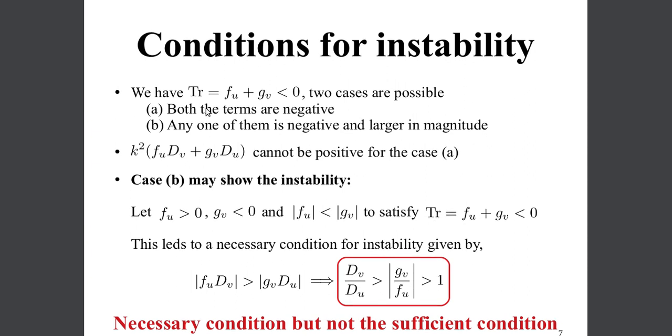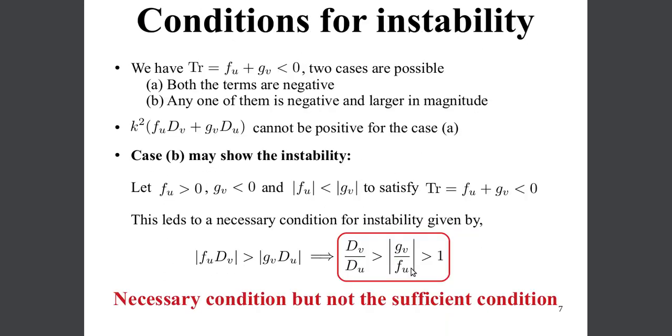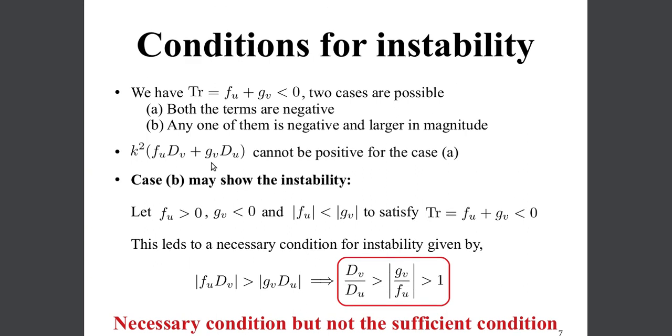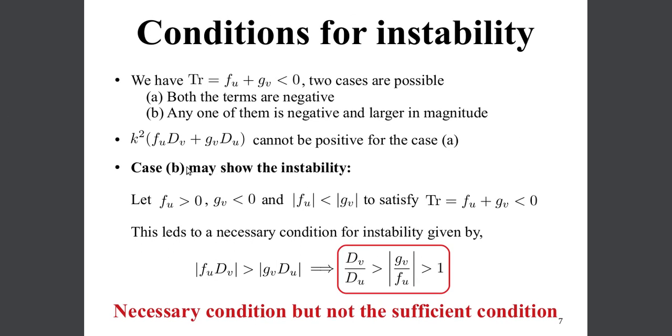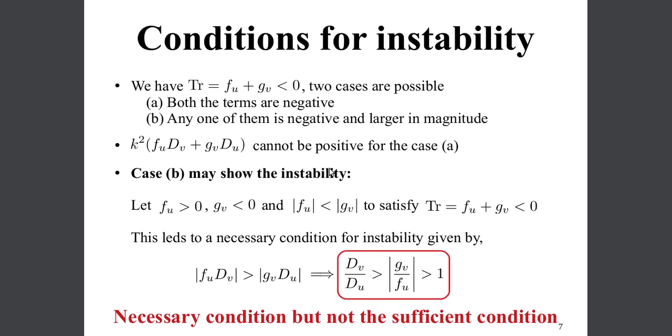Because then this condition will be satisfied. So this k square, this term, in the last slide I have shown this term, this k squared multiplied by (fu dv plus gv du), this cannot be positive for case A, because in case A both of them are negative and all other terms are positive, so this will be negative, so this cannot be the case. Now case B must be our case, and it may show instability.